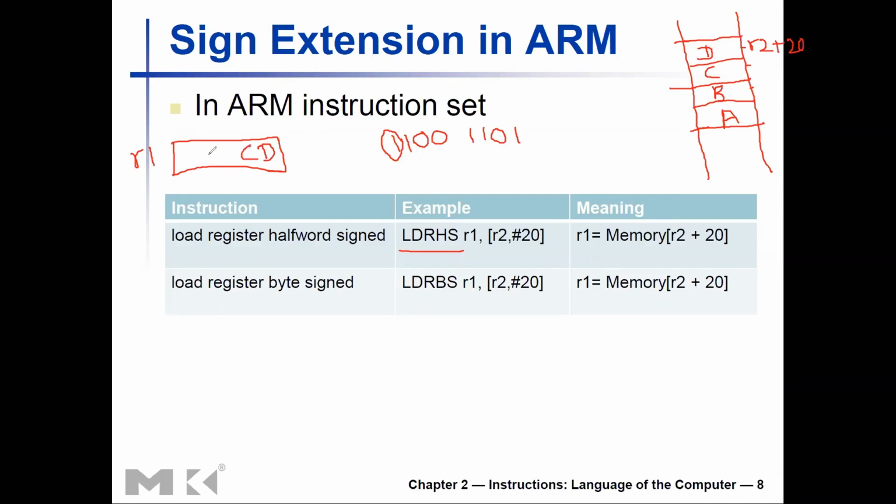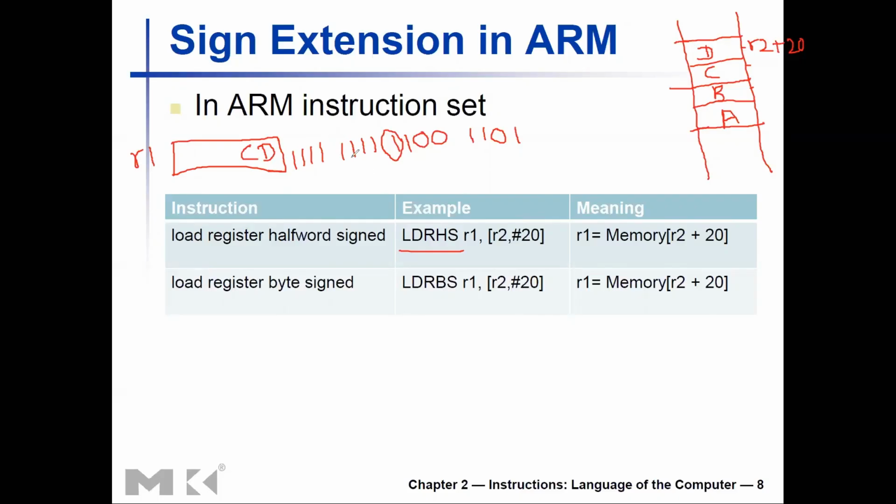So the rest of R1 will be filled with this most significant bit. That is, this sign bit will be replicated 16 times. Do you get the idea? When you replicate it, it's going to be 1 1 1 1 1 1 1 1. So if you look at the R1 register after you are done with this particular instruction, it's going to look something like this.